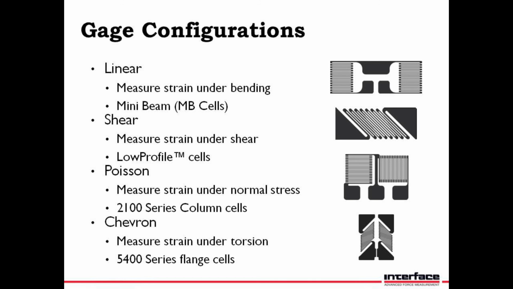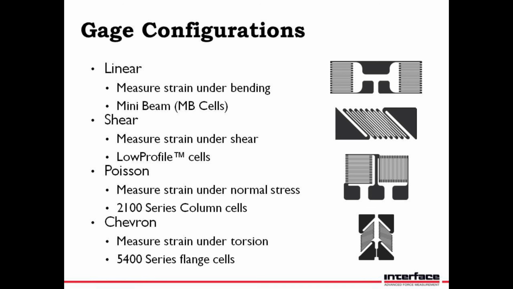Here we have 4 different images showing some of the typical strain gauges that we use here at Interface. The first one is a linear type, which is what you would typically find in bending type applications. The second image is that of a shear gauge, which is what we use on a pancake or low profile type load cell.